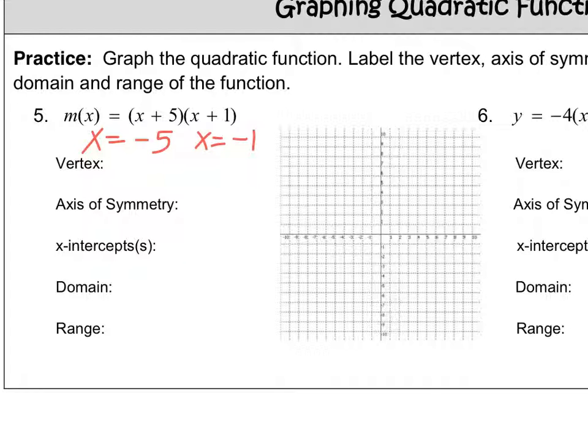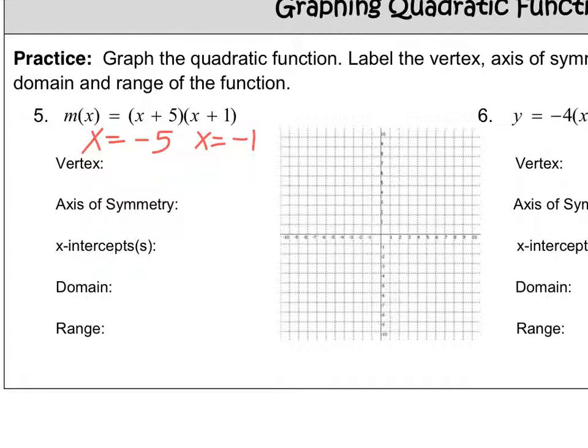Question, do you see any relationship between my two roots or my two solutions and my original equation in the intercept form? What I'd ask you to pay particular attention to is this +5, -5, +1, -1.